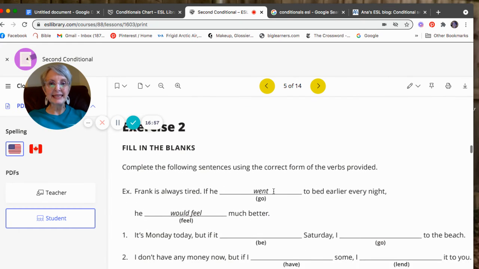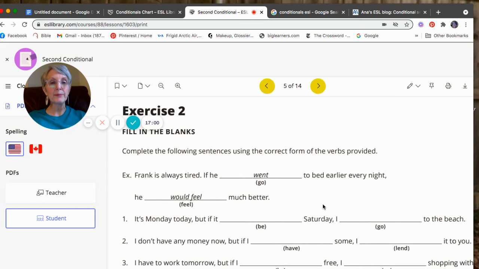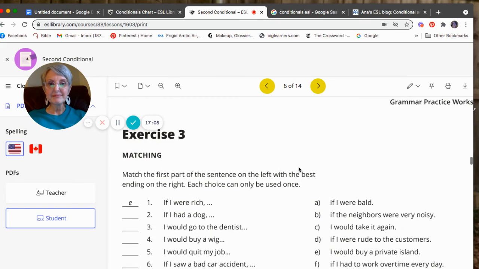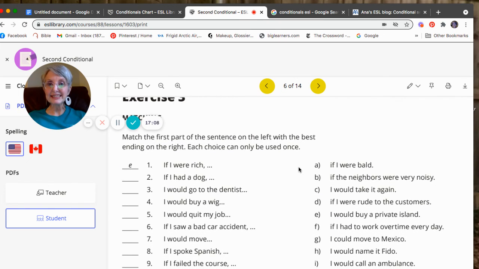We'll do some like this where you choose the right word. Remember we did some like this last week? We'll do some that are matching, where you match the second half. And we'll just do some where we just talk together about these. And I give you something and I ask you, what would you do if in this situation?